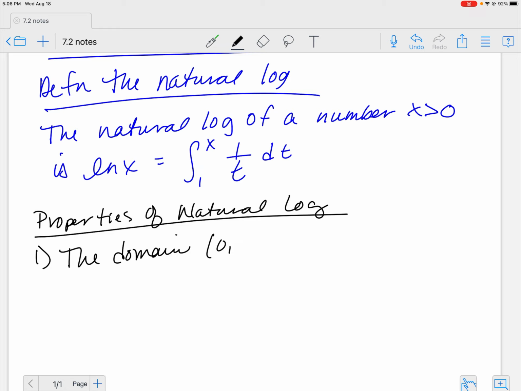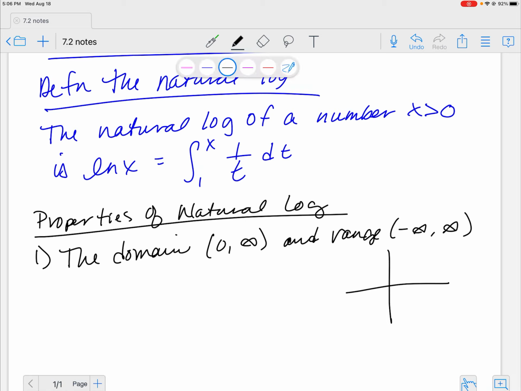Domain is from 0 to infinity, and the range is all real numbers. Now, what I also like to look at on here is our graph of the natural log. Let's change our color so you can see it. It goes up like this, and I have an asymptote on that y-axis.